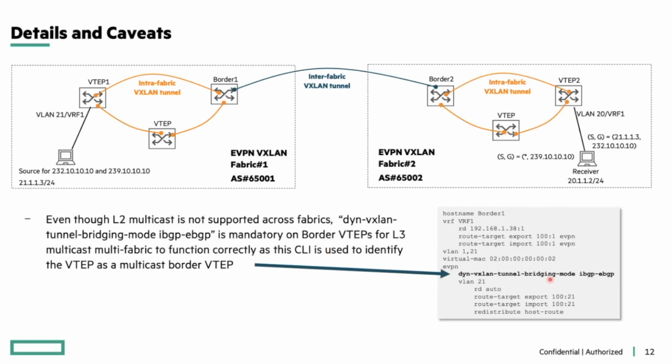When you put in this command, it informs the multicast implementation that this is actually the border for the multicast fabric. It's just used to identify the VTAP as the multicast border. It doesn't actually bridge the L2 traffic. So it's mandatory, you need to add it in. Otherwise, you wouldn't know that this is the border.